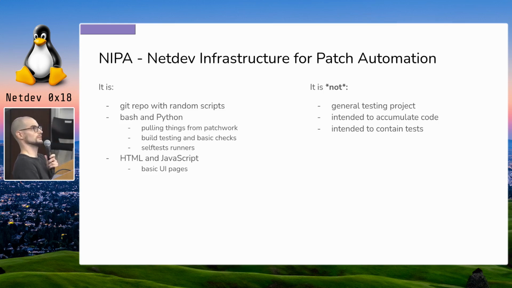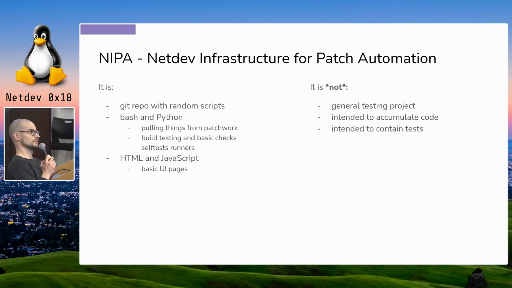So first, when you look at the Netdev infrastructure, you may see this word, NIPA. I wanted to clarify what it is and what it isn't, because it gets confusing to people sometimes. There's a repo inside the Linux Netdev GitHub org that contains all the scripts that run the tests.